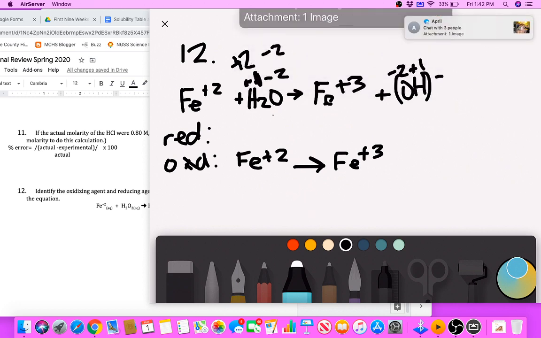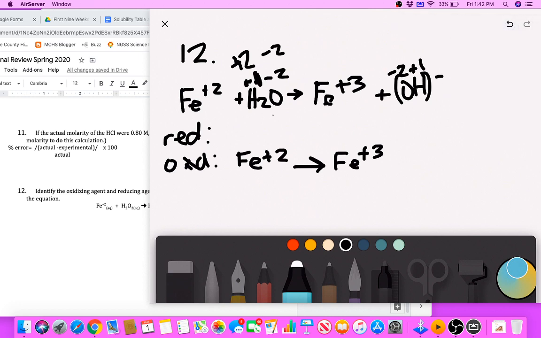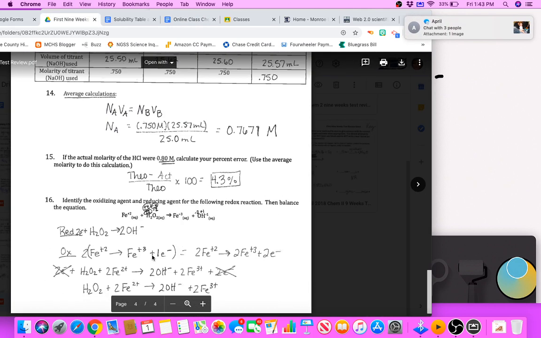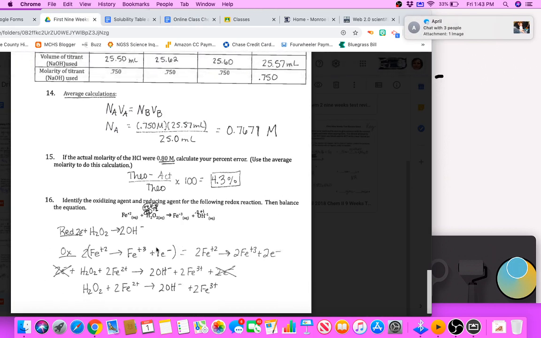Oh, and if people would quit texting me, I would be able to concentrate on this a little bit harder. So let me see here. The OH has a -1 charge. Let me look and see what I put here. Let's just look at the answers here, because I cannot concentrate with all these people texting me, and I really apologize for that, guys.